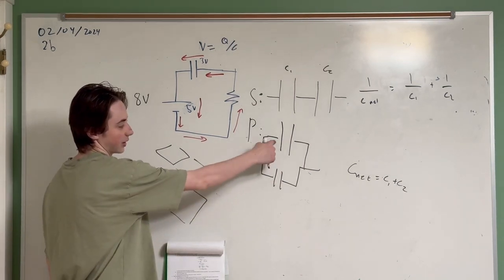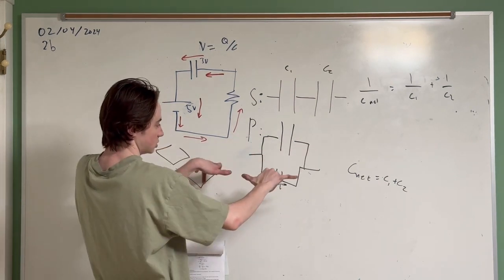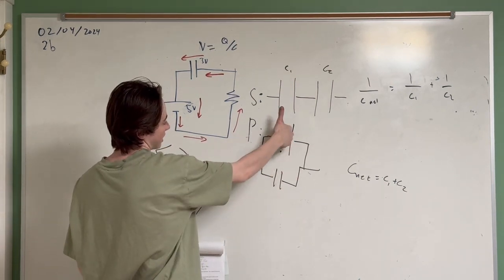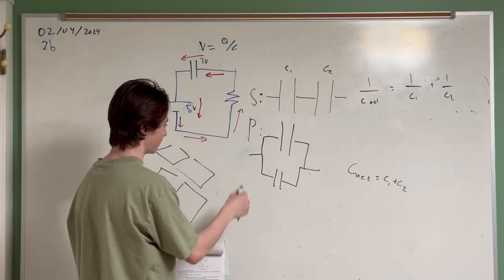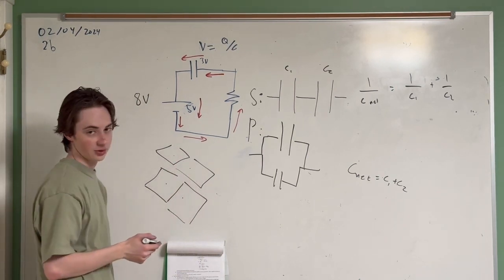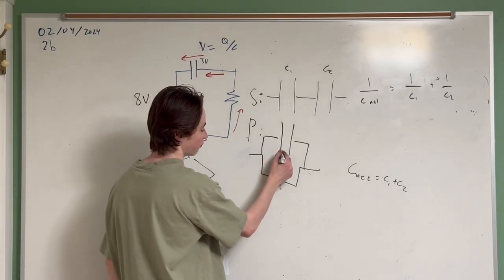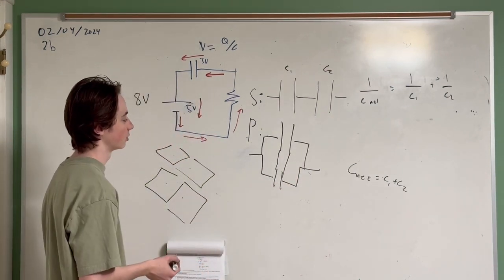When they're in different circuits like this, they're parallel to each other. If we add the areas of the plates together, these just form a bigger capacitor. That's why when they're in parallel they do that.